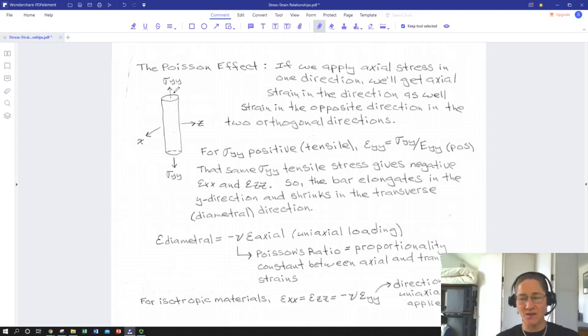If it's a tensile stress, we know it's going to elongate, and it's going to elongate to have a strain that's proportional to the stress by the elastic modulus. Well, as it turns out, it's also going to get skinnier. And the ratio of the strain in this radial direction, so here's our axial direction.